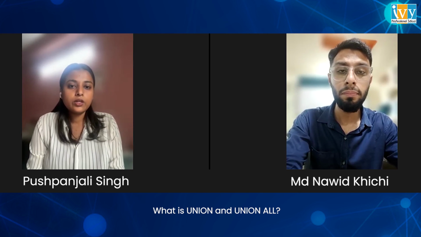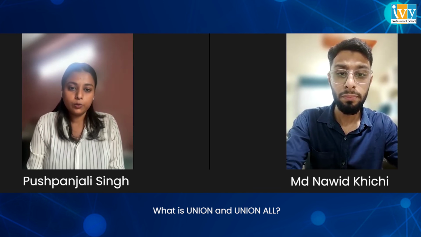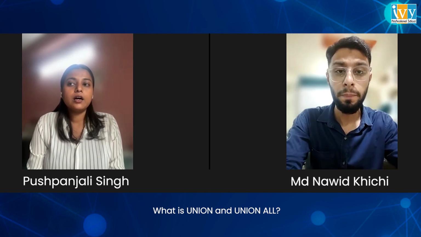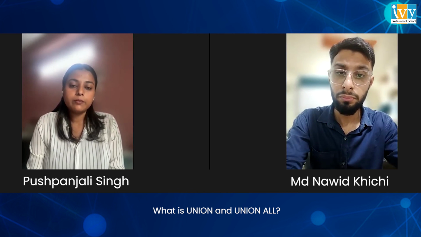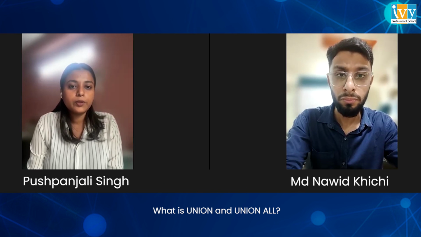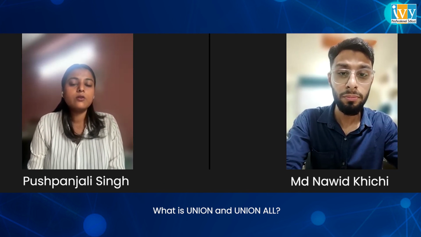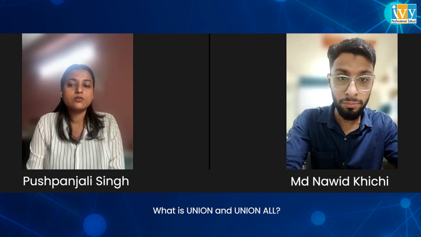On the other hand, UNION ALL combines the data with the duplicate data. For example, log entries from multiple sources where we want exactly the same data. We don't want to remove any duplicates, and we want to maintain every record without deleting any duplicates, so we can use UNION ALL.